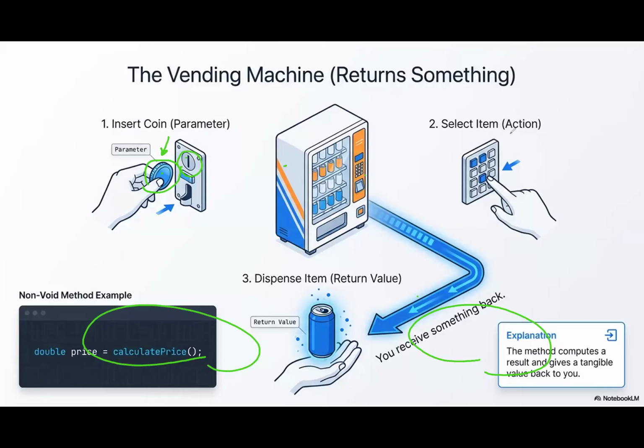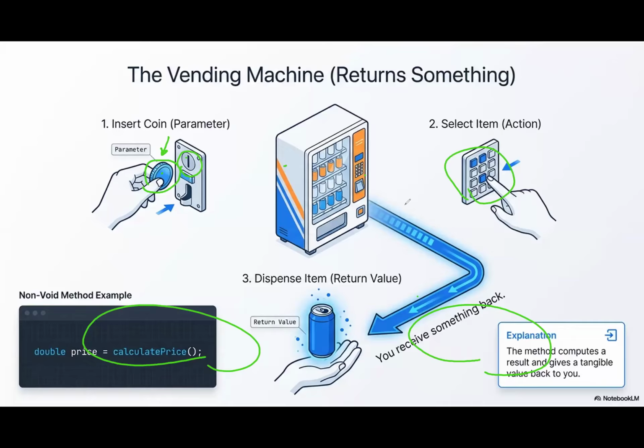And then after we select what we would like to buy, the machine gives me something out. So the machine internally processes my request and gives me something back. So we are able to say that the vending machine is like a method that I give an input and it returns something back to me.